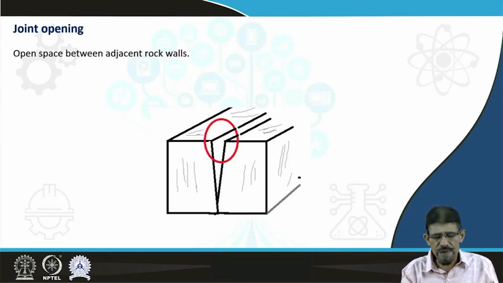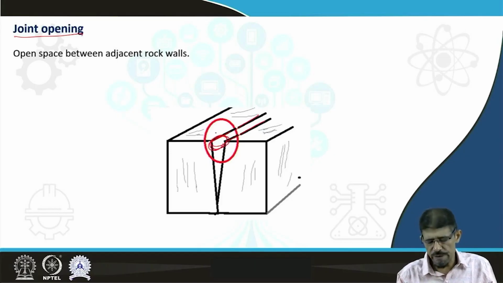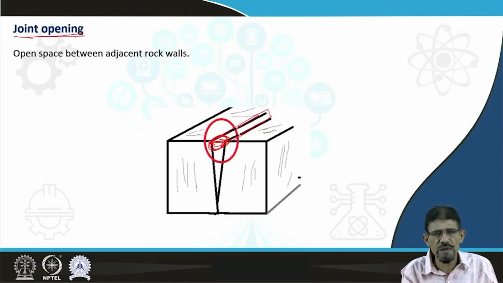Next aspect is joint opening. Try to understand carefully: any opening present at the exposure, which can be visualized on the surface. So the distance between these two points is recognized as joint opening.